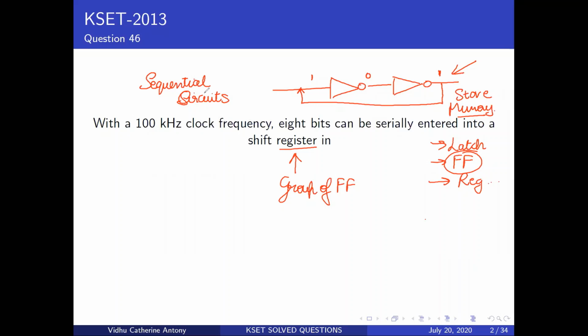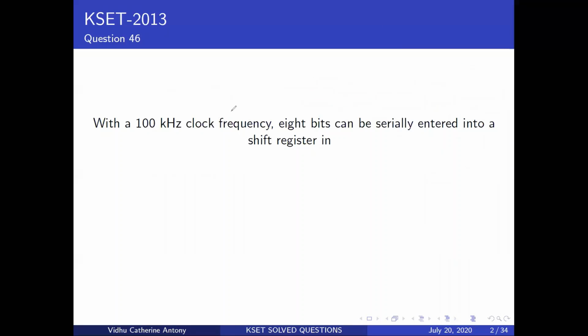Now we want to know: with a 100 kilohertz clock frequency, how long can 8 bits be serially entered into a shift register? There are 4 types of registers, and here they've told you that it's serially entered.